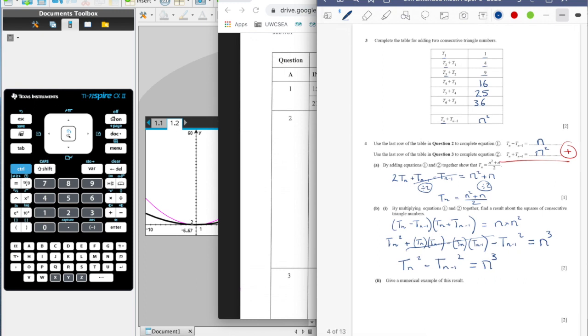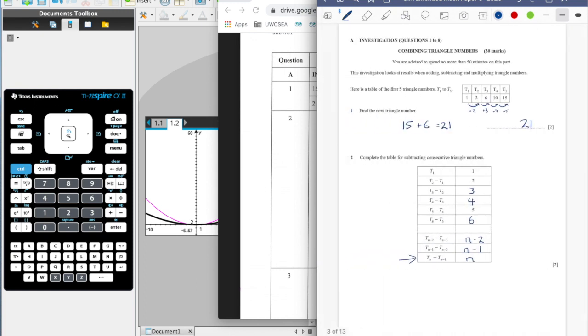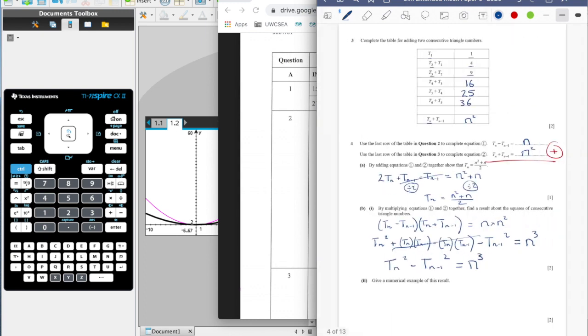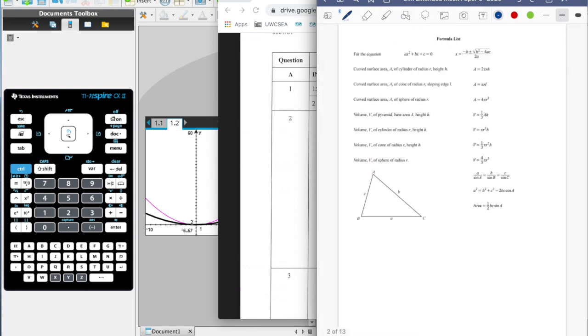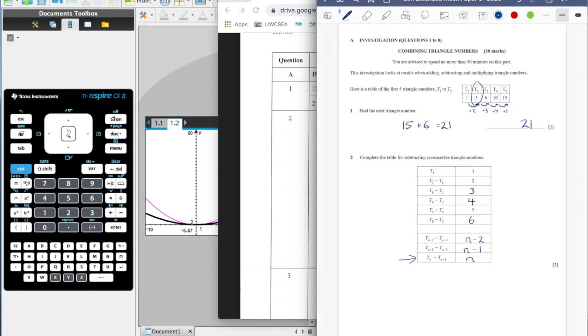So if we're squaring a t value, well, let's look back to this table at the top where we started. And I'm going to choose to square T2. Sorry, I've gone the wrong way. T2 here.